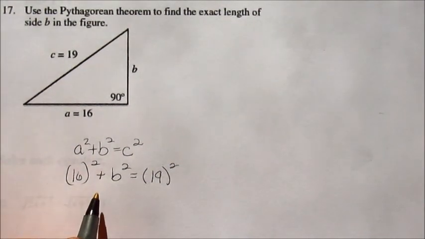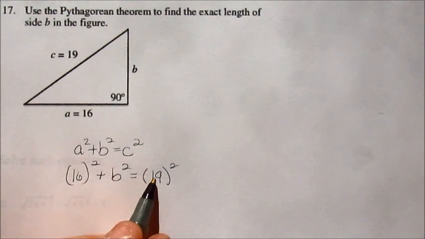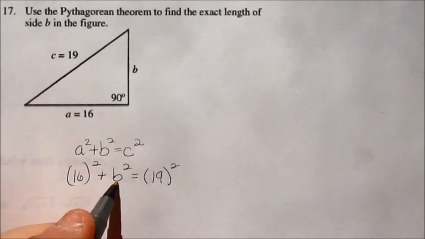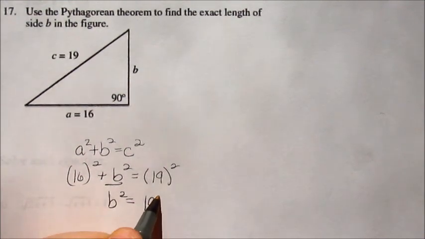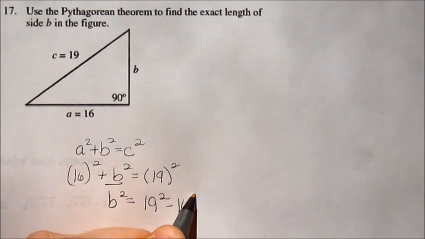So 16 squared, I didn't do 16 squared. I need to solve for b squared equals 19 squared minus 16 squared.